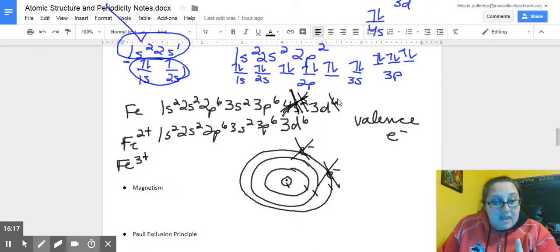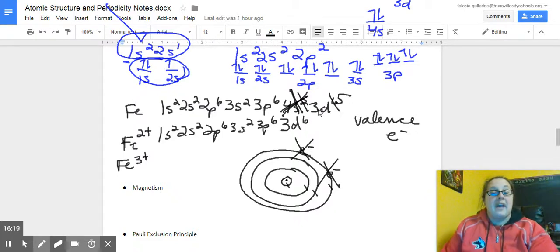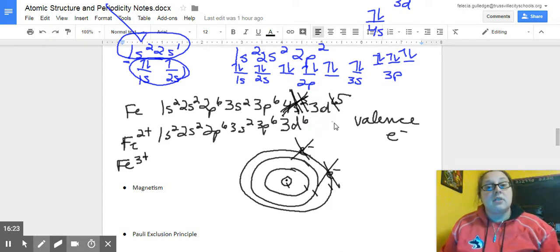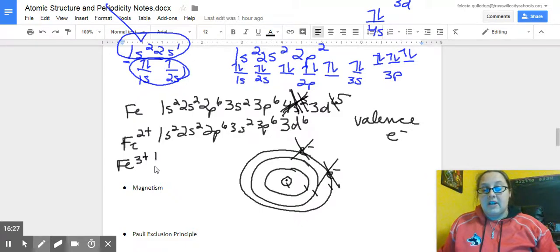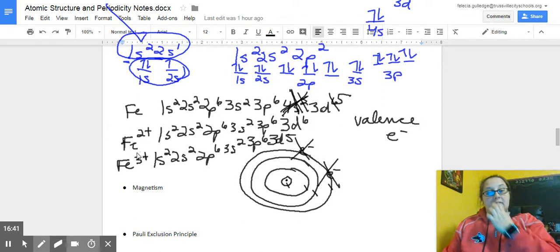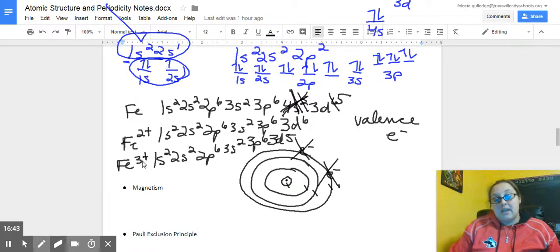That's when I'm going to take away another one from the outermost, and that outermost is 3d. So my new electron configuration is 1s2, 2s2, 2p6, 3s2, 3p6, 3d5. That would be the electron configuration of Fe3+.